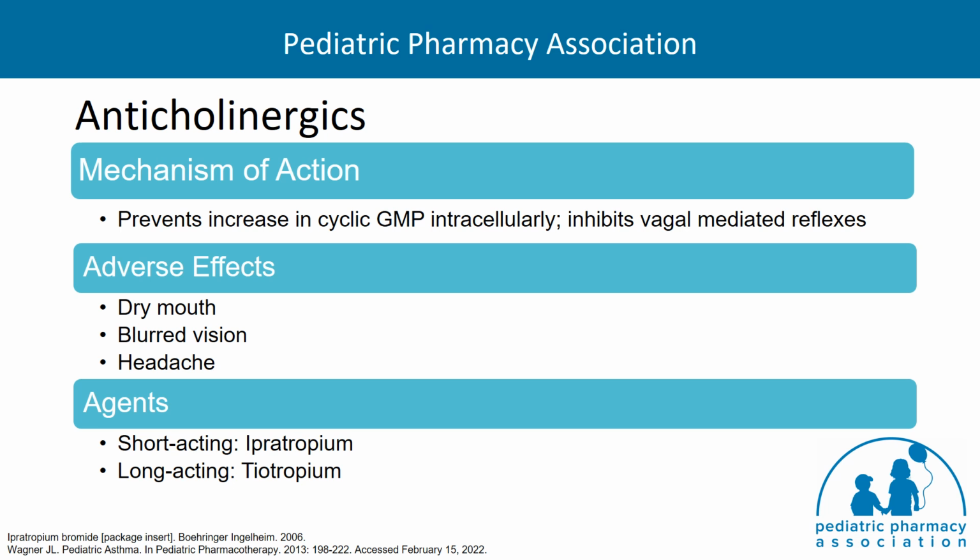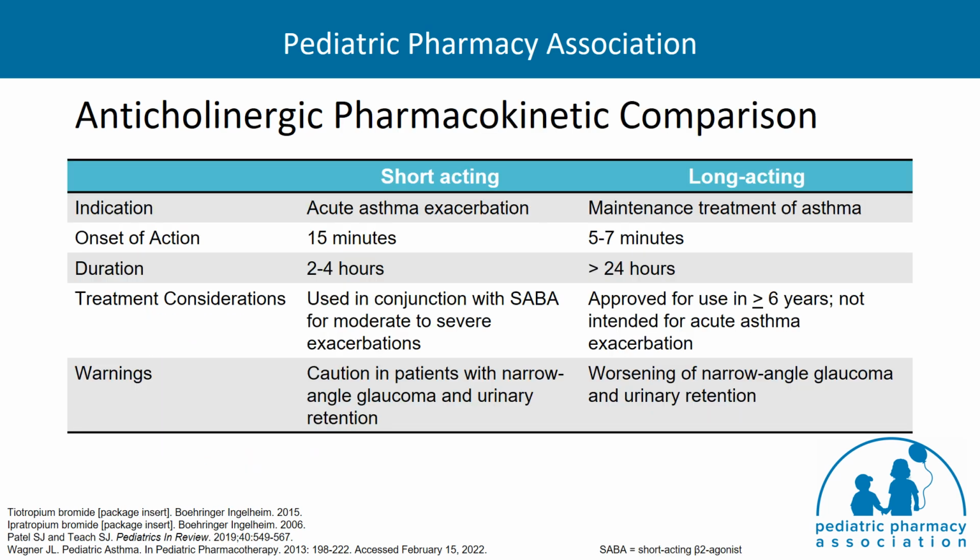Next, we have anticholinergics. These agents work by preventing an increase in cyclic GMP. Adverse effects are typical for anticholinergic agents and include dry mouth, blurred vision, as well as headaches. The short-acting anticholinergics include ipratropium, and the long-acting anticholinergic is tiotropium. I've included this table for your reference.